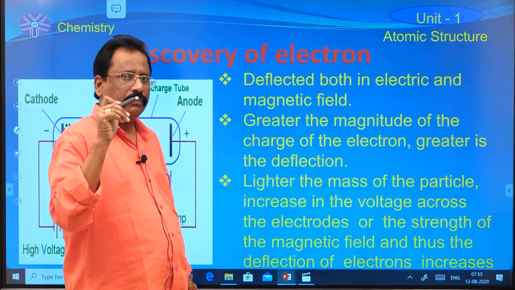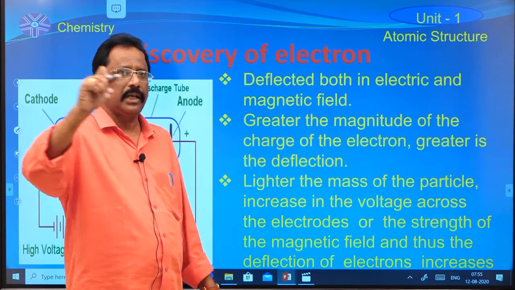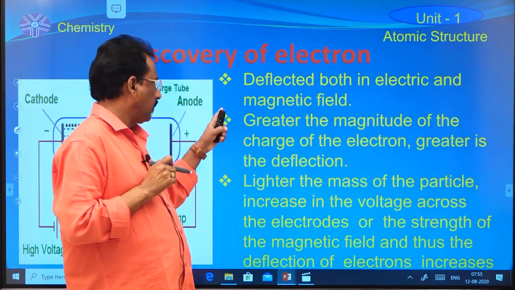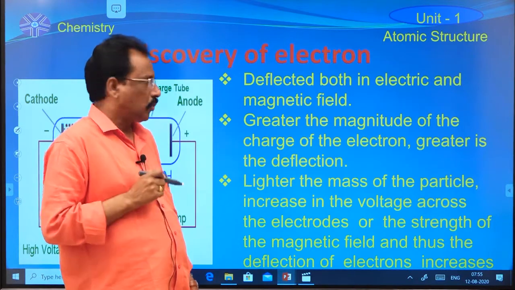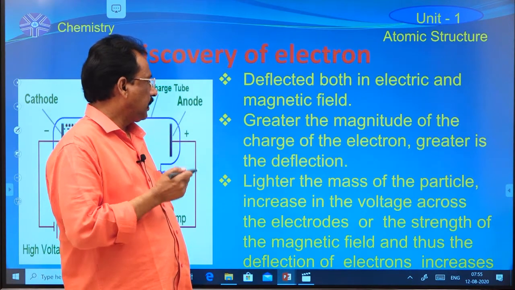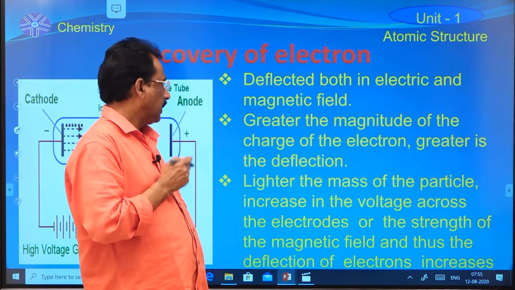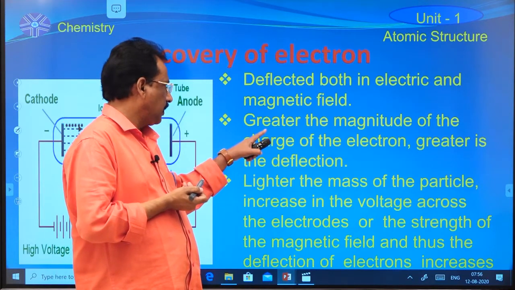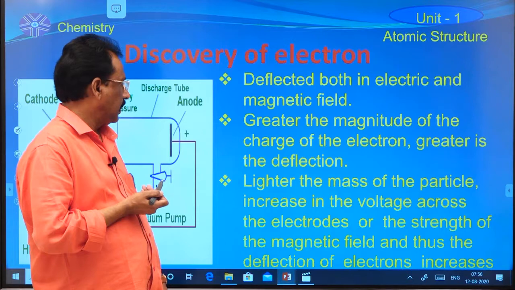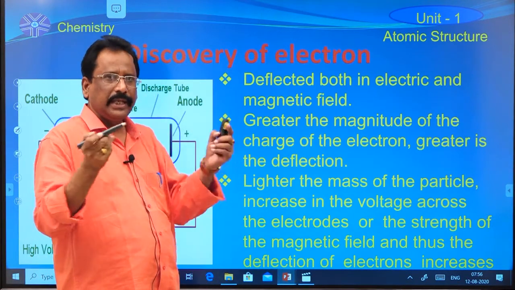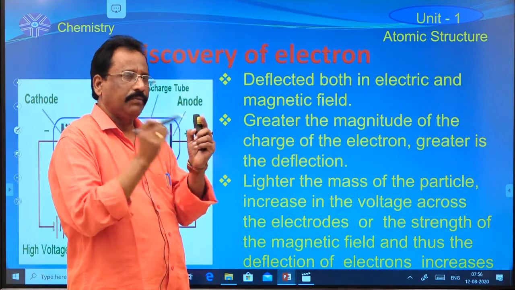In the absence of a field, they move in straight lines, but in the presence of either an electrical field or a magnetic field, they show some deflection. The magnitude of the deflection depends on the charge: greater the magnitude of the charge on the particle, greater is the deflection. Deflection means interaction between the particles and the field.